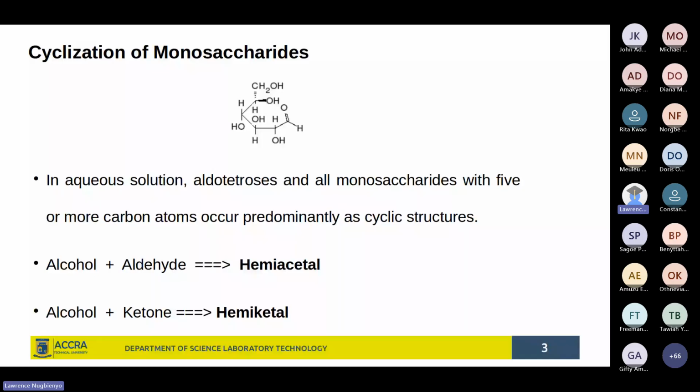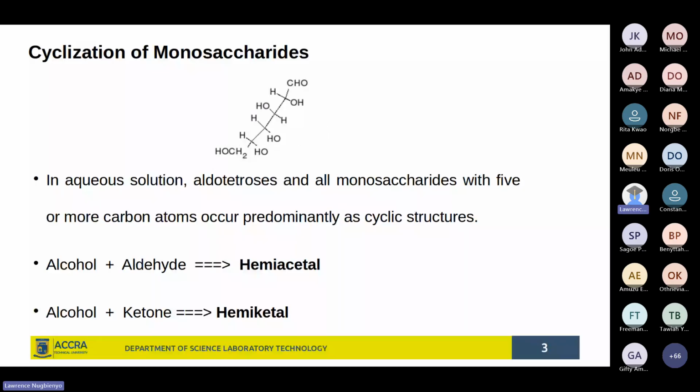When you read your biochemistry books, you realize that these structures are generally written in cyclic forms or ring structures. And that is because in aqueous environments, these monosaccharides occur predominantly as cyclic structures.